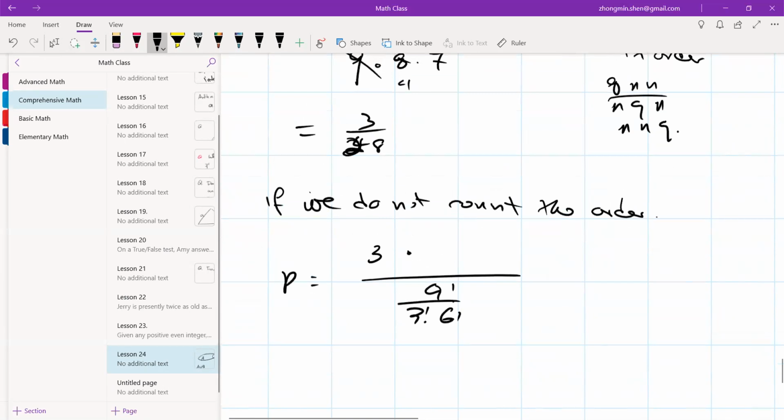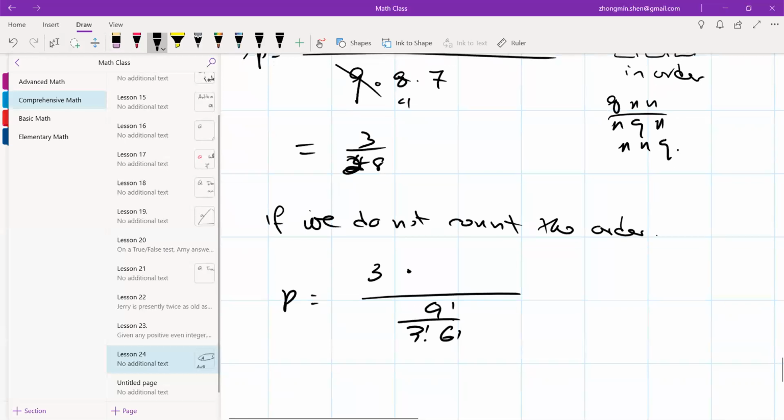Since the order is not counted, you just pick 2 nickels from 3. So that's 3 choices. Or you can write it using factorials, but those are small numbers, so let's just put 3 there.